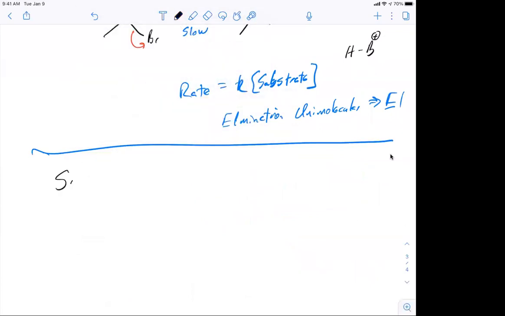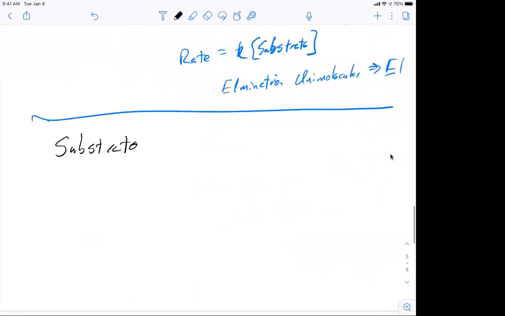And one of the things to look at is substrate. So for SN2, we saw that methyl was preferred over primary, which was preferred over secondary, which was preferred over tertiary.